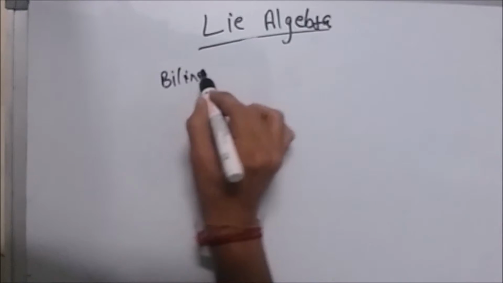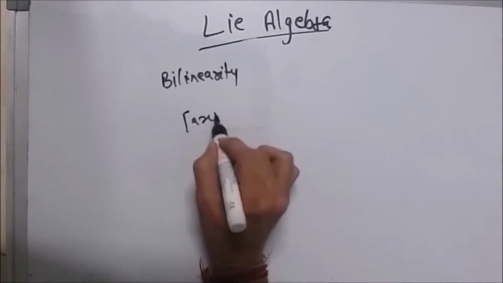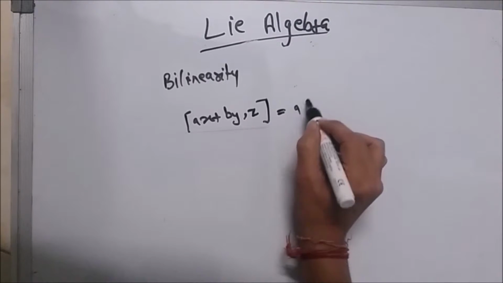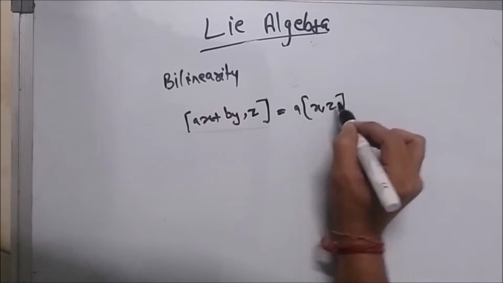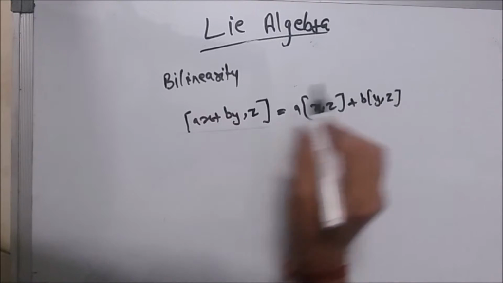First comes bilinearity, which says [ax + by, z] is equal to a times [x, z] plus b times [y, z].